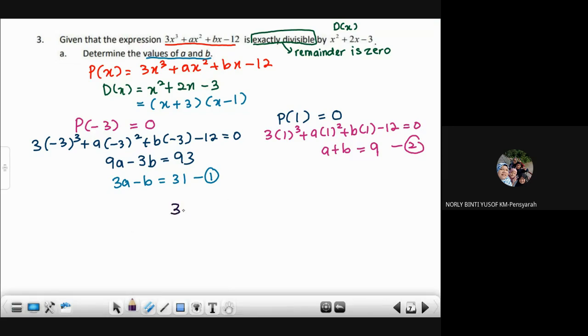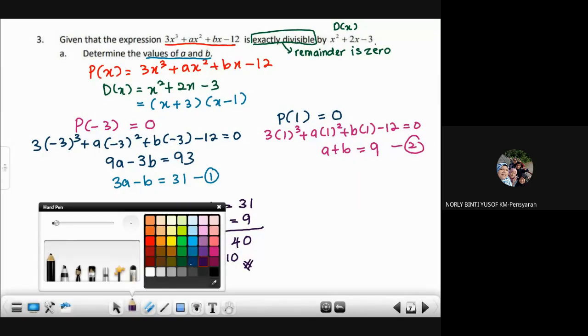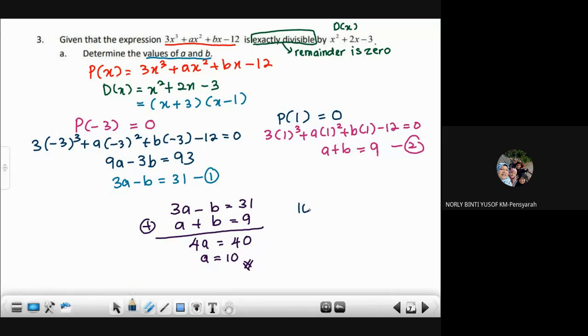Okay, lepas tu sama kita simultaneously A plus B equals to 9. So ini akan jadi plus lah sebab kita nak eliminate B. So kita akan dapat 4A equals to 40. A equals to 10. 40 divided by 4. Lepas tu cari B. 10 plus B equals to 9. B equals to 9 minus 10.